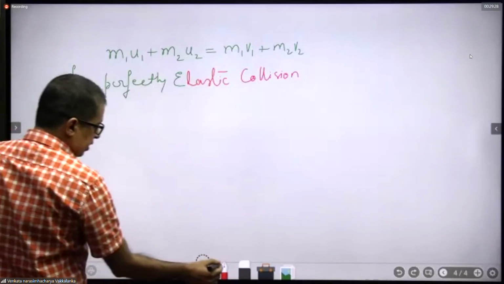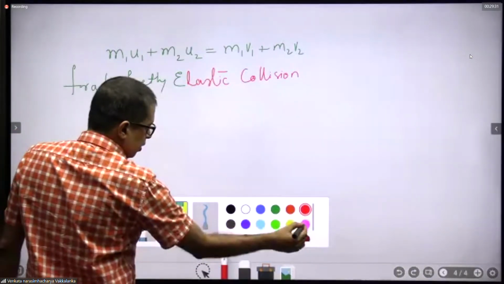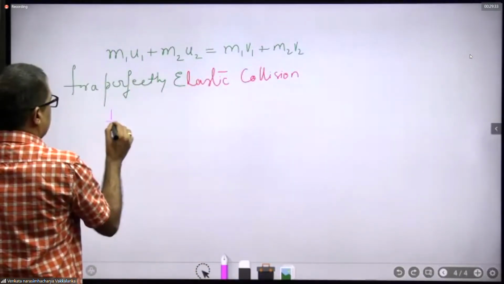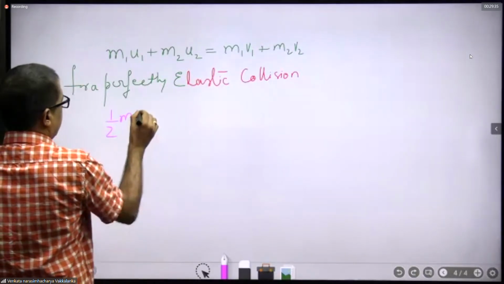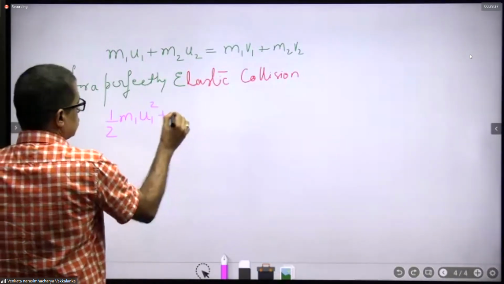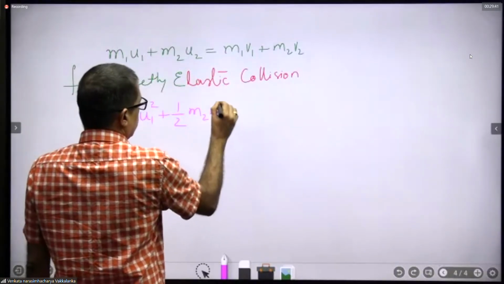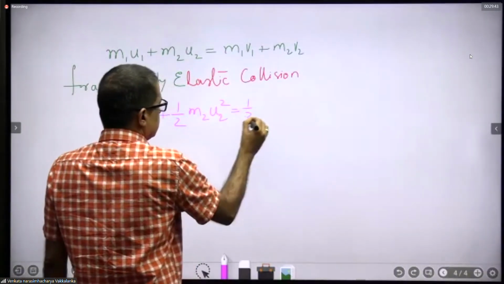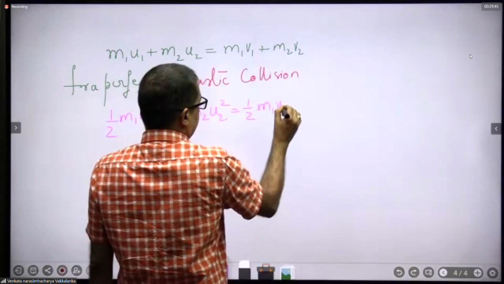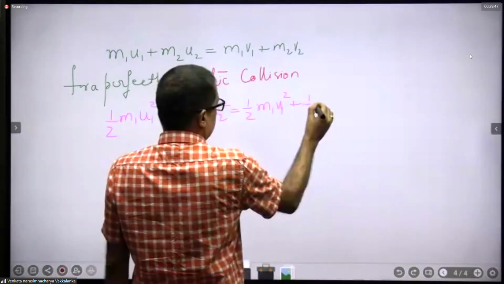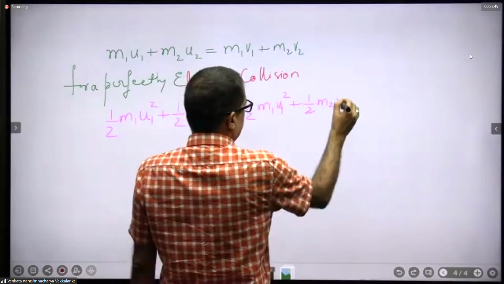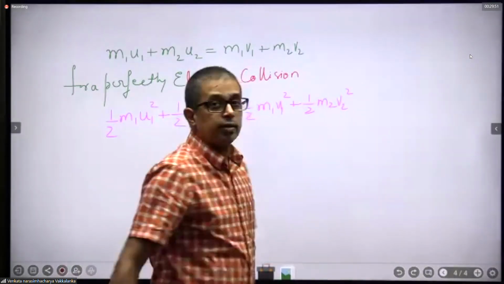So your kinetic energy equation will be half M1 U1 square plus half M2 U2 square is equal to half M1 V1 square plus half M2 V2 square.